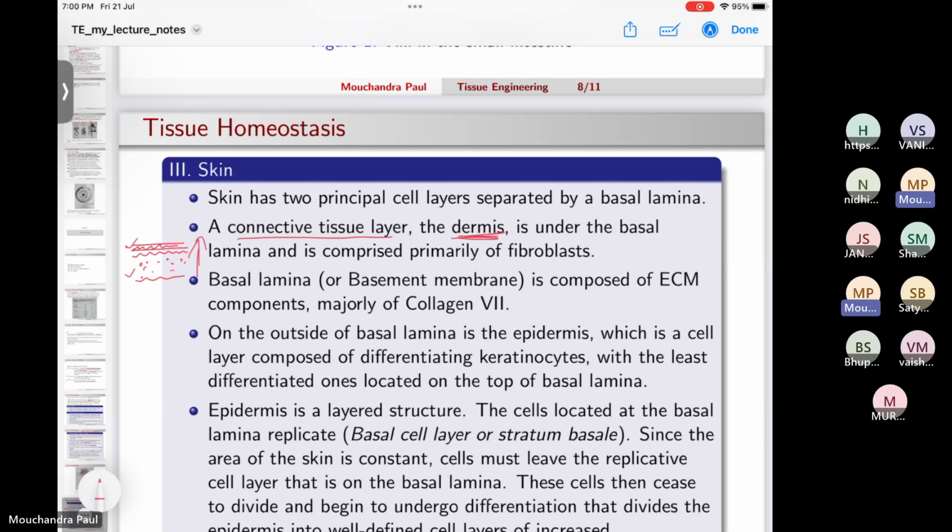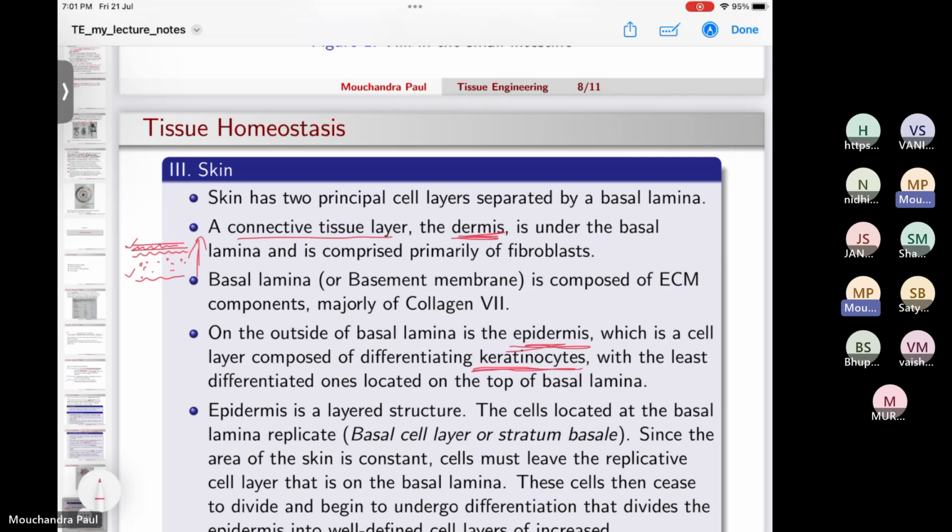The basement membrane, or the basal lamina, is composed of ECM components, and majorly collagen type 7 is present. And at the top of the basement membrane is the epidermis, and it is again majorly composed of cells called keratinocytes.